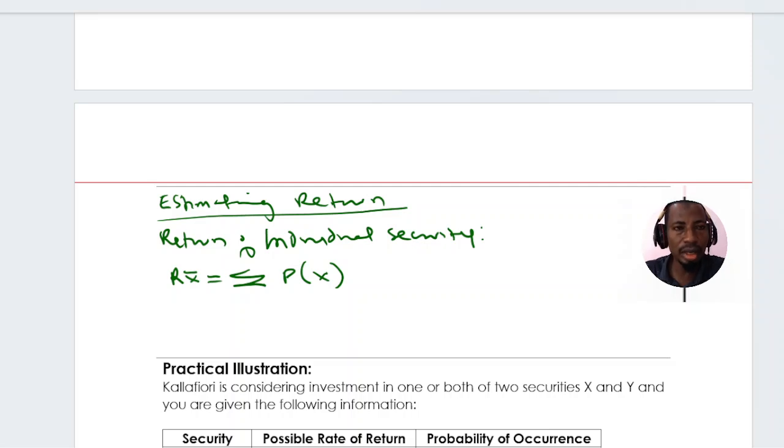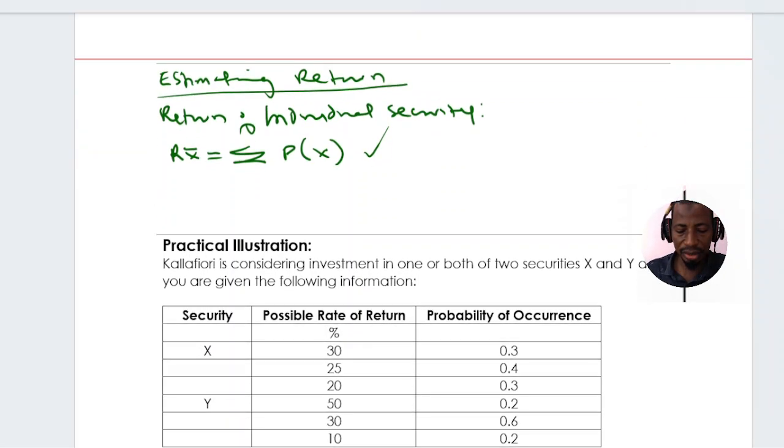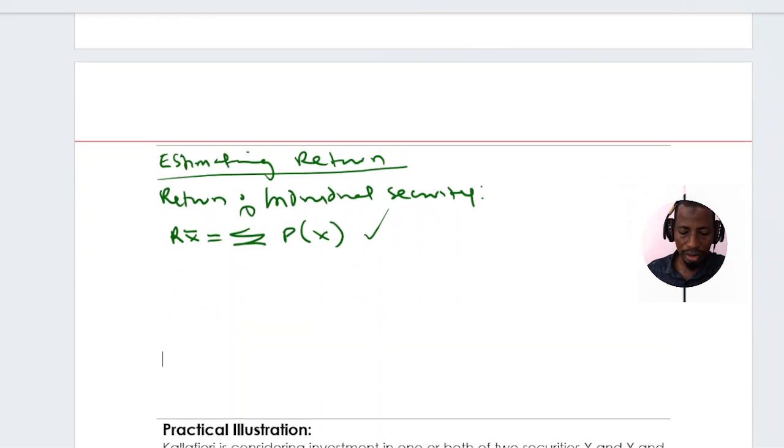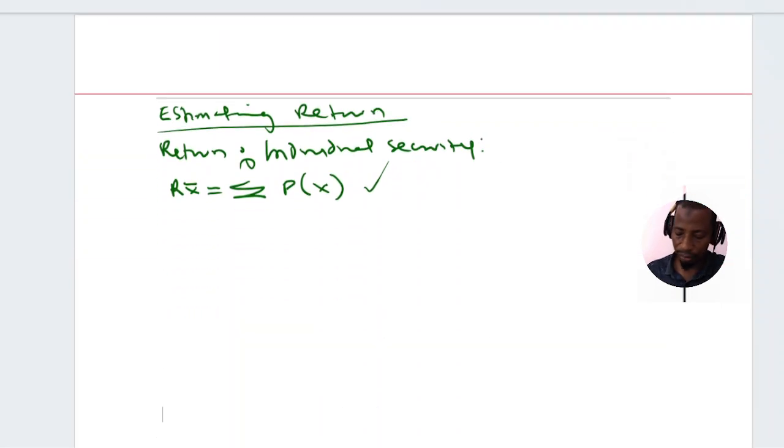If you want to calculate the expected return of security Y, it will be RY bar equal to the summation of probability multiplied by RY, that is, the return of Y. So that's the formula for calculating the expected return of individual security. Then how do you compute the return of the portfolio?